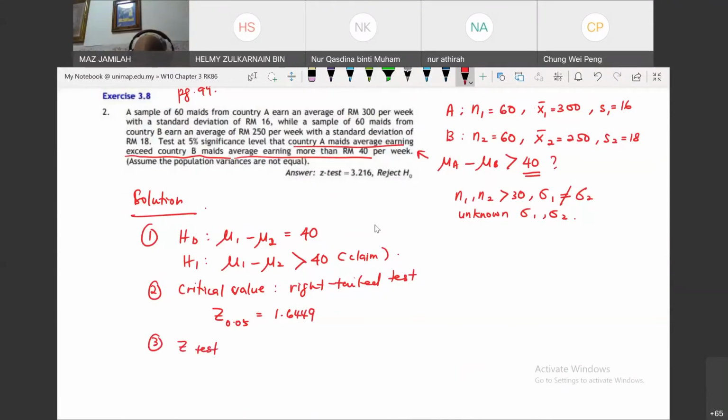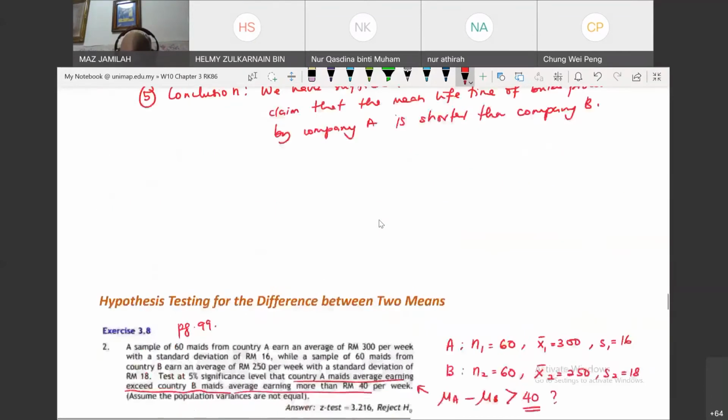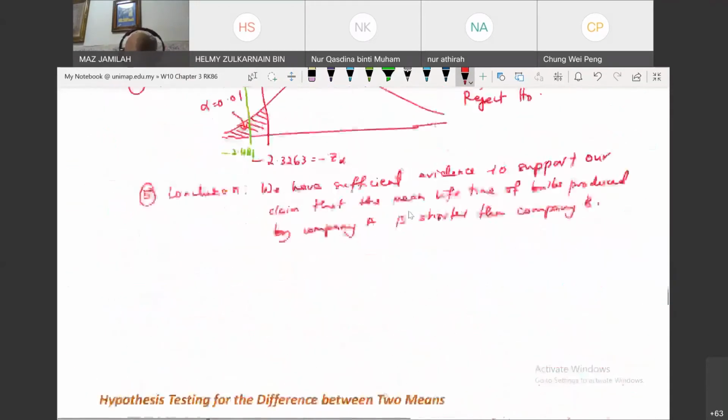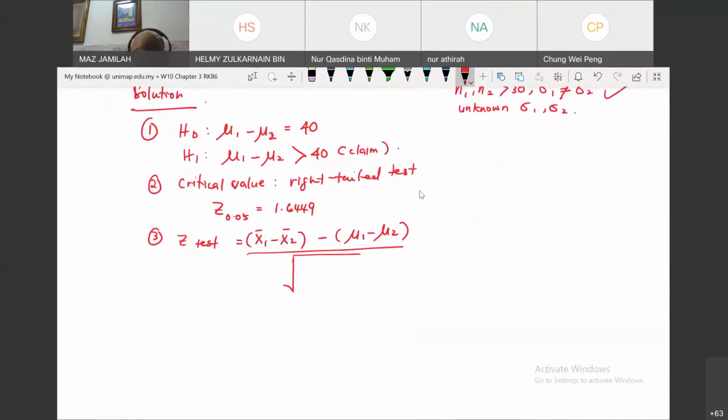So this is where we need to consider this. Z test is equal to x bar 1 minus x bar 2 minus mu 1 minus mu 2, divided by square root of S1 squared over n1 plus S2 squared over n2.